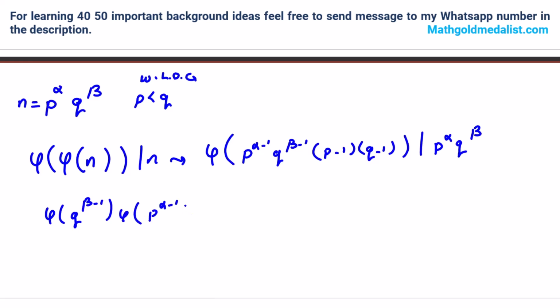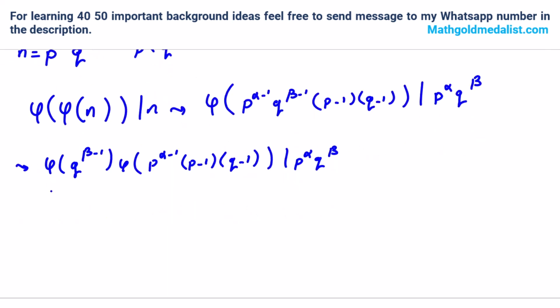Okay, agreed. Because Q and P are relatively prime, and all these numbers are less than Q, so because Q is prime, they are relatively prime with Q. Then we can write this one as what?